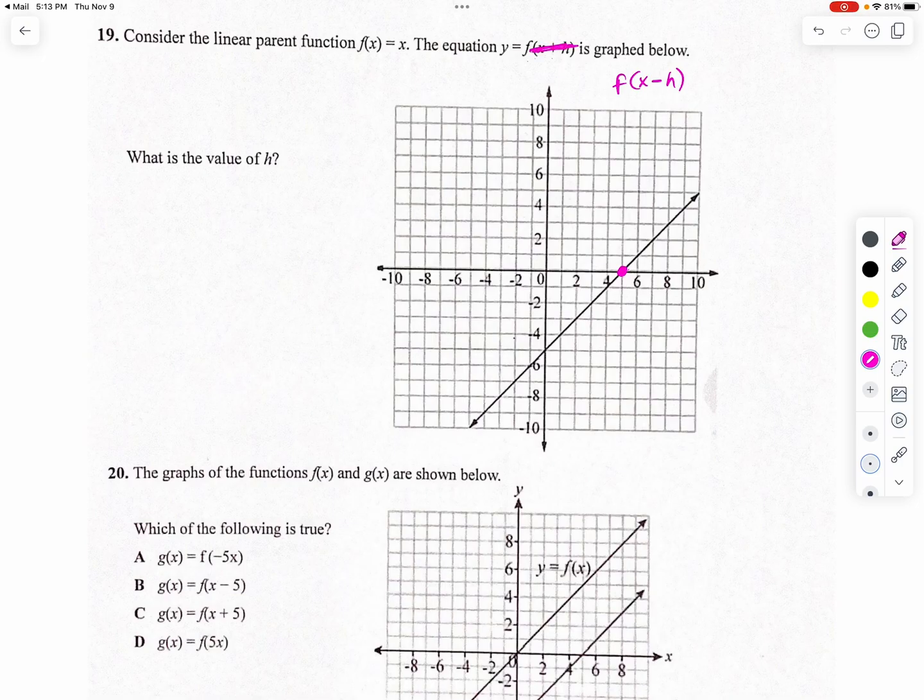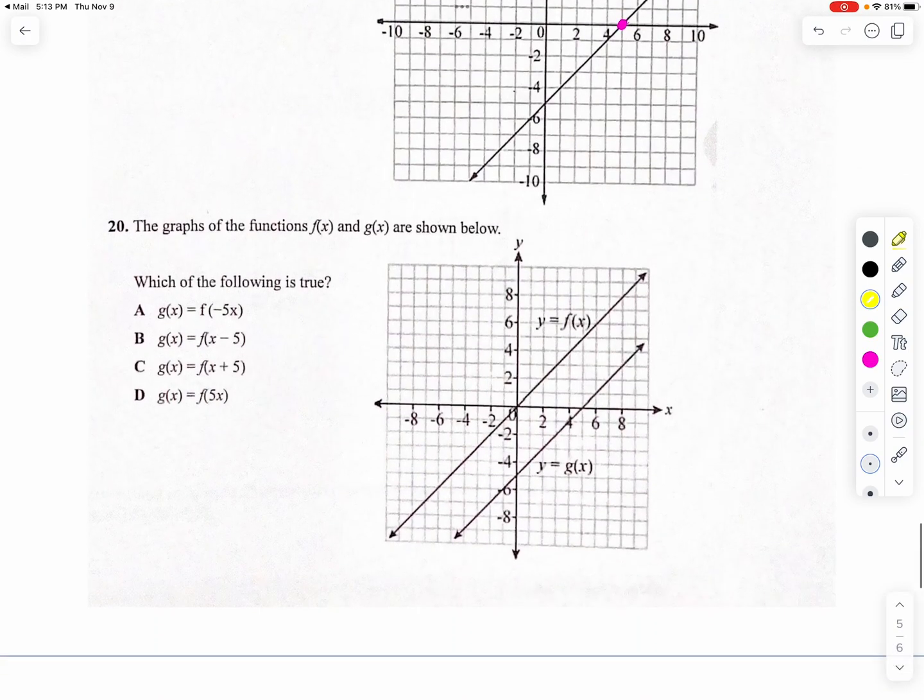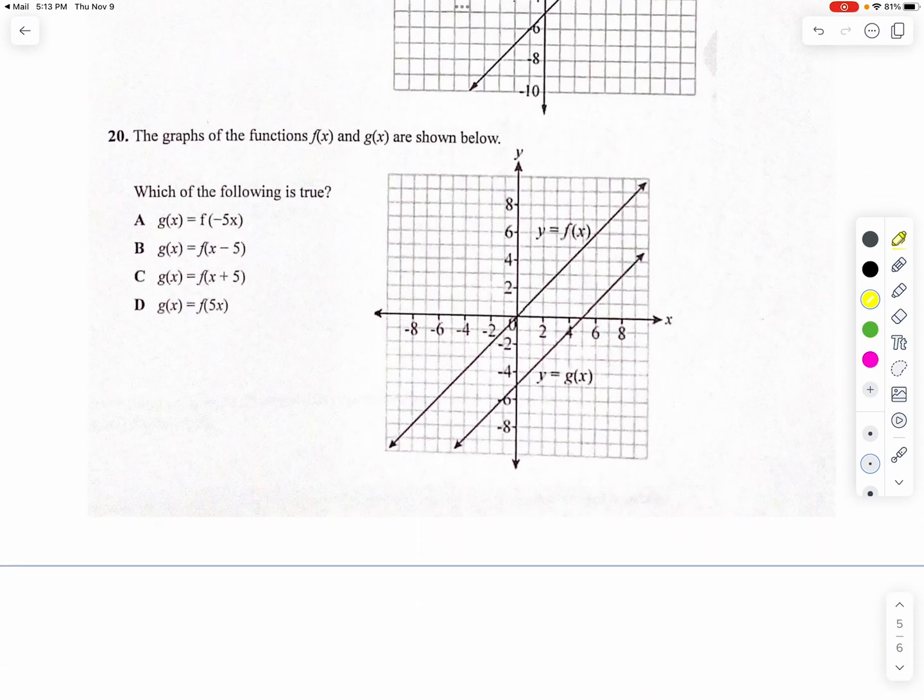And it went to the right, so that means this is going to be f of x minus 5, and our h is 5. I know you want to say -5, but remember this is a built-in negative. So h is actually just 5, okay? Just 5.